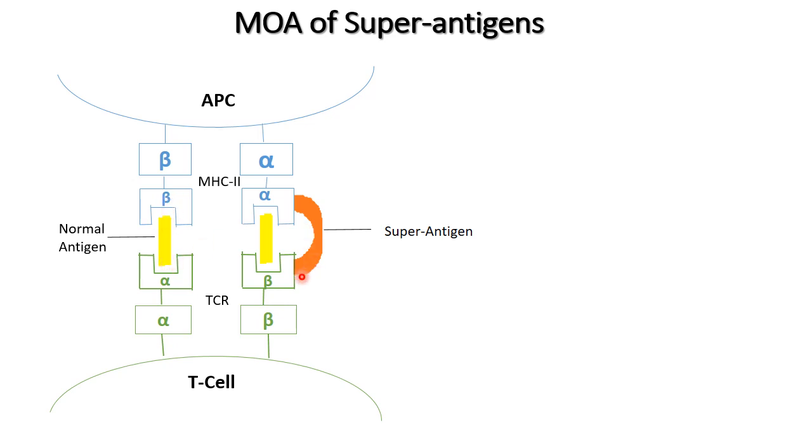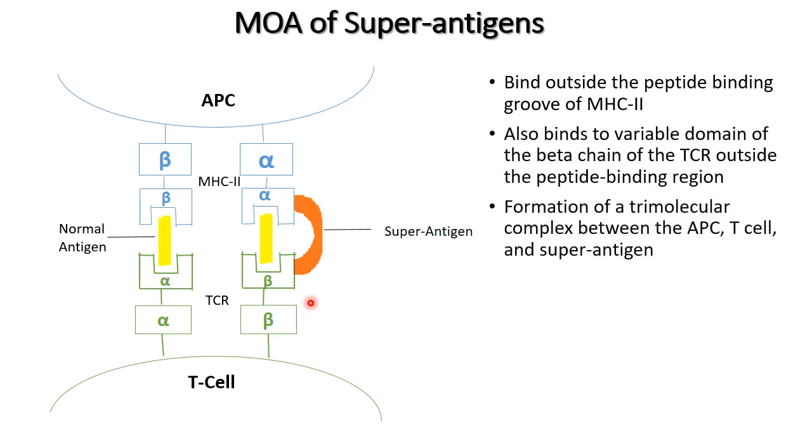Now, with a super antigen, it does not bind in this normal peptide binding groove. It goes to link the beta domain of the T cell to the alpha domain of the antigen presenting cell, and with this it causes widespread non-specific activation of T cells, such that it forms a trimolecular complex between the antigen presenting cell, the T cell itself, and the super antigen. So this is the trimolecular complex.